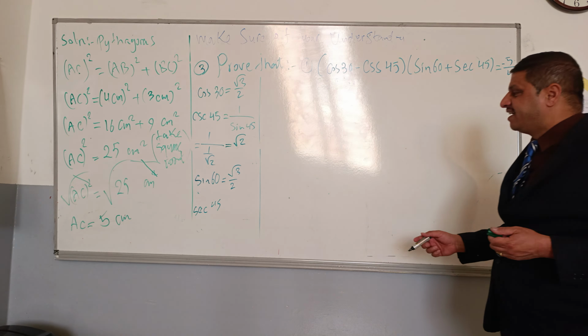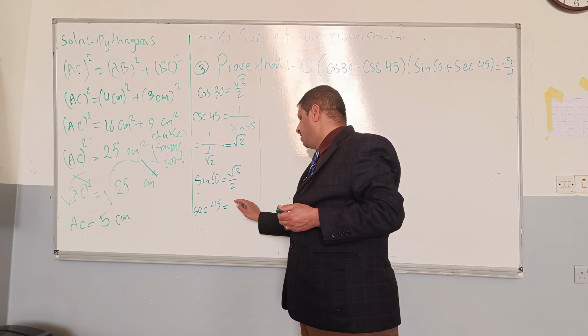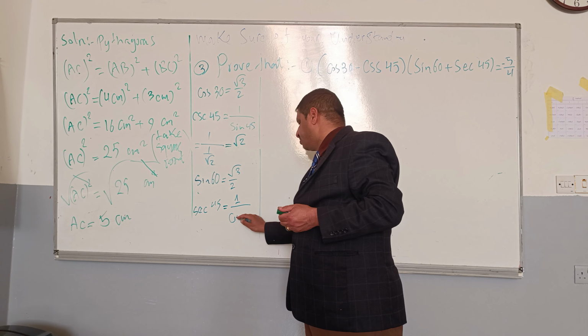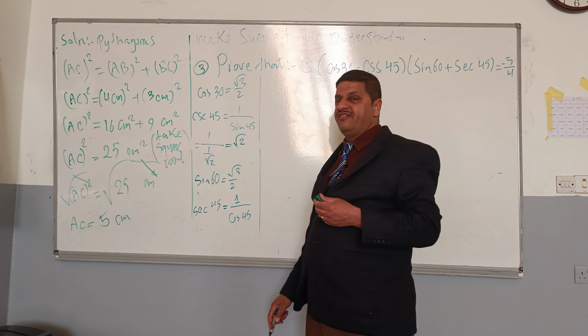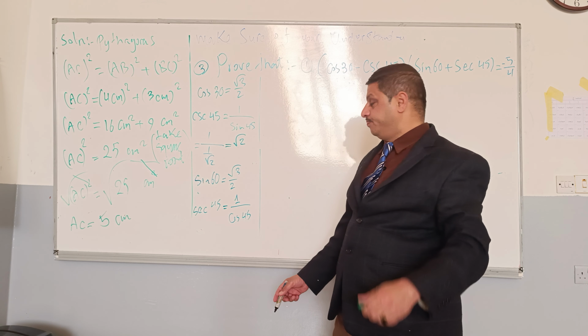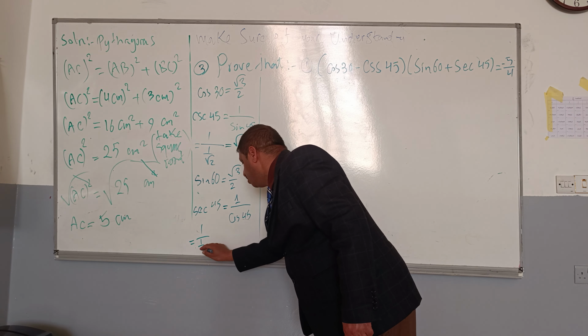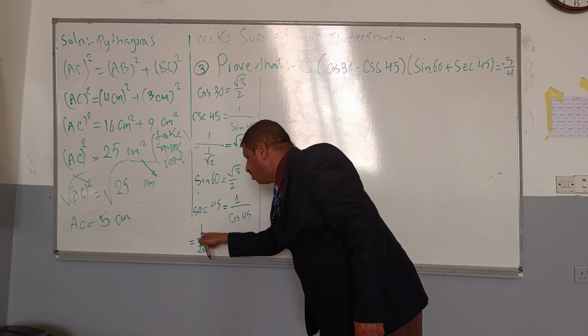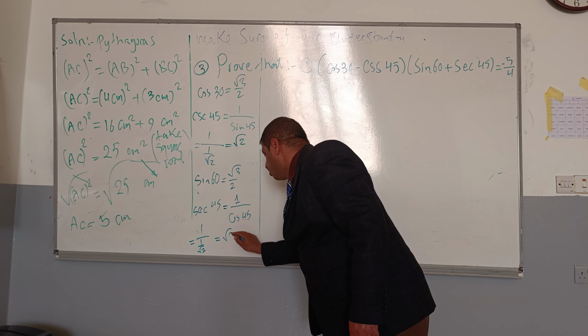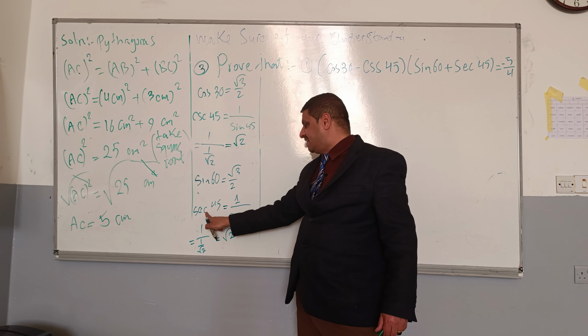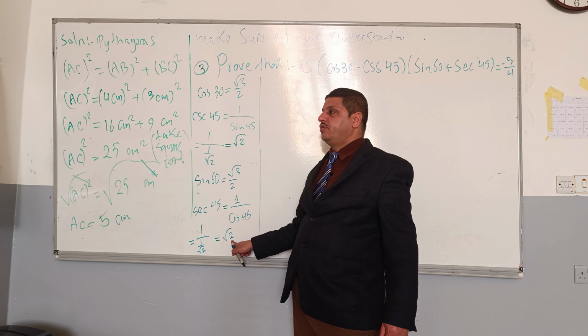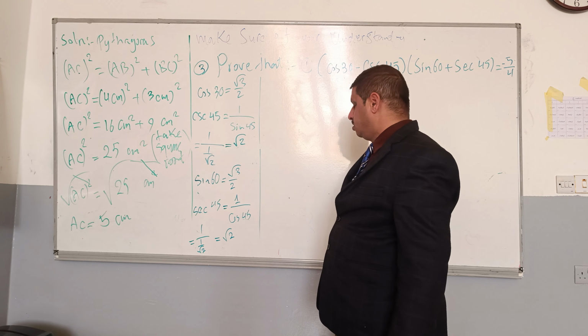I will go to the cosecant of 45. It equals 1 over cosine of 45. Okay? Now, cosine of 45 is 1 over square root of 2. Square root of 2 times 1, square root of 2. Secant of 45 is square root of 2.